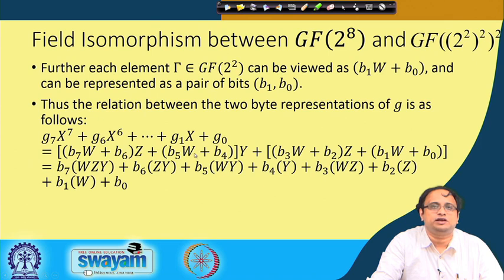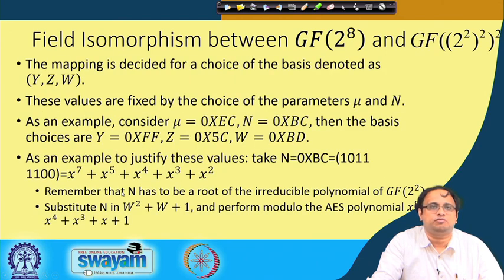For B5 you will get w with y, so you will get w, y here, and with B4 you will get only y. What about the lower parts? B3 will have the term w z, so you will get w multiplied with z. For B2 you will have only z, for B1 you will have w, and B0 is a constant term. So, the mappings you can actually elaborate in the form of a matrix.